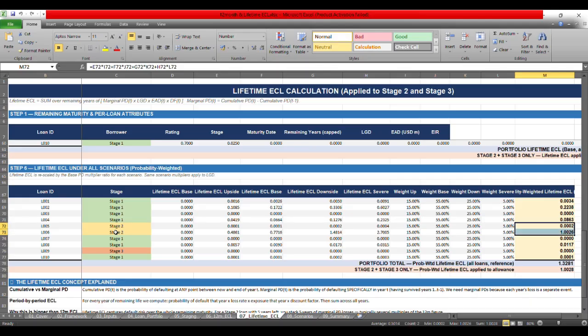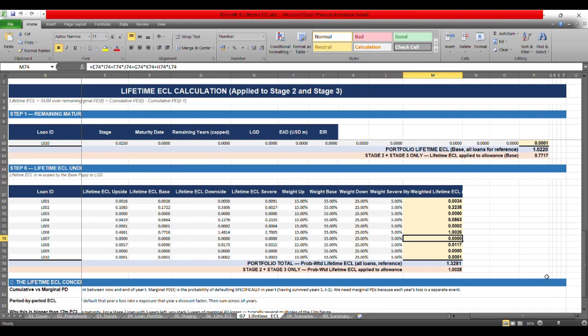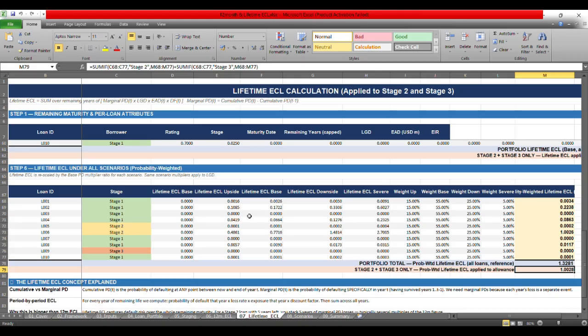So if I add up this one, that's a very small one. So you will see that approx 1 million is that particular contribution only, right? This we are looking at this particular cell, approx 1 million out of 1.3. 1 million is just the stage 2 and 3 contribution.